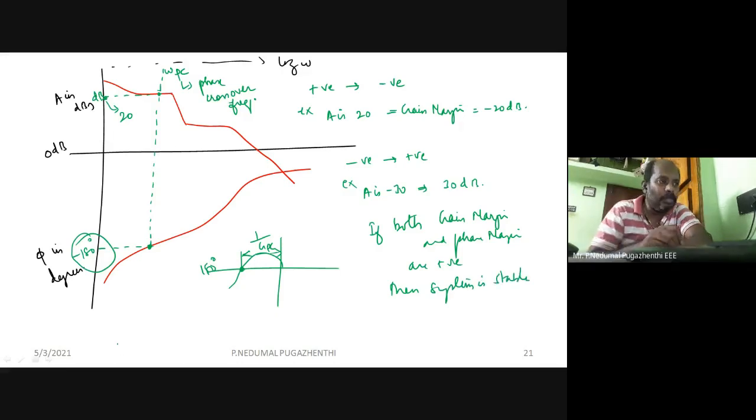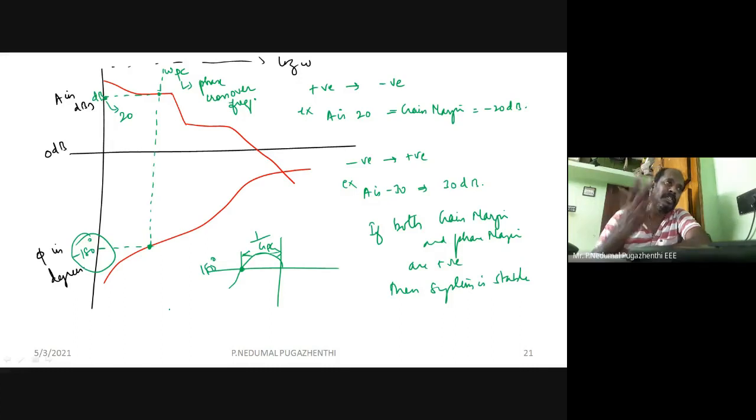If you are unable to see your minus 180 degree cutting, you cannot say that every transfer function will give some points at minus 180 degree. Possibly you will not have that also. In that case, you have to say that your gain margin is infinite, because you cannot find a point at minus 180 degree in your phase plot.